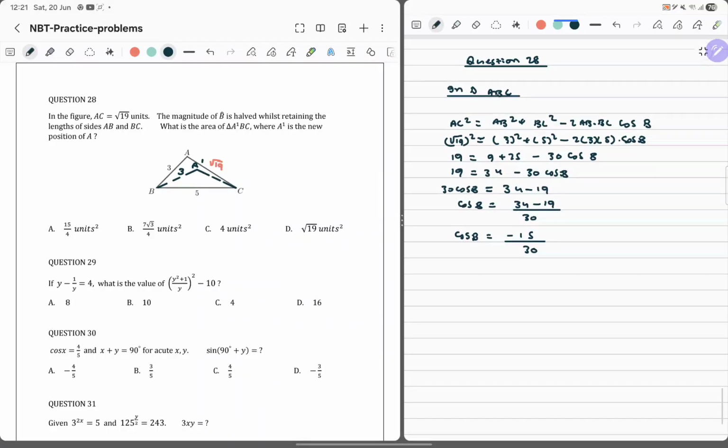Of course you can do the things on the side, so this means cos B is going to be a half.